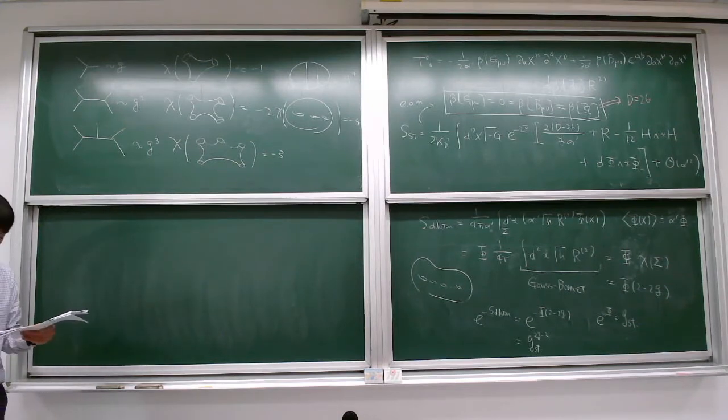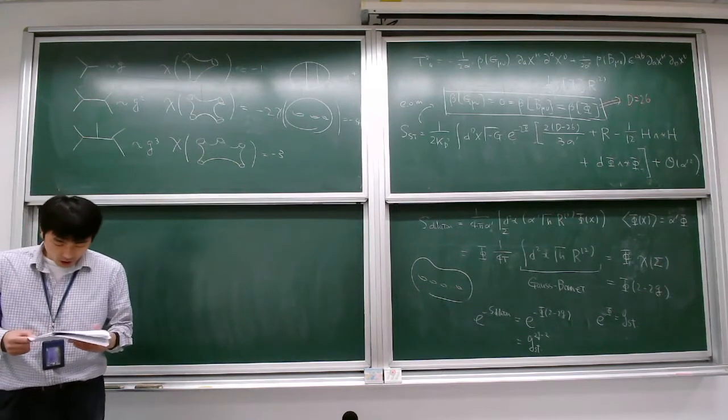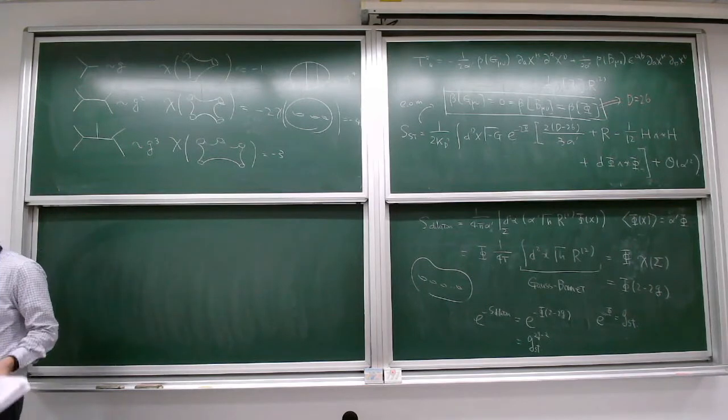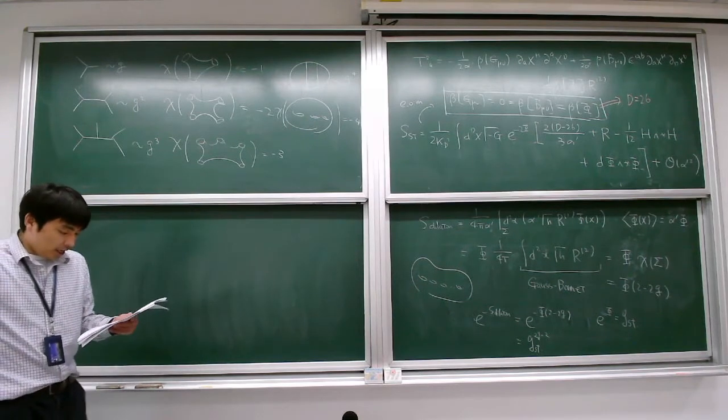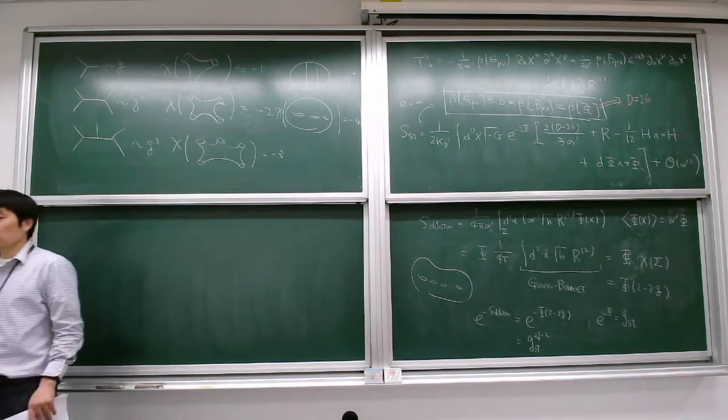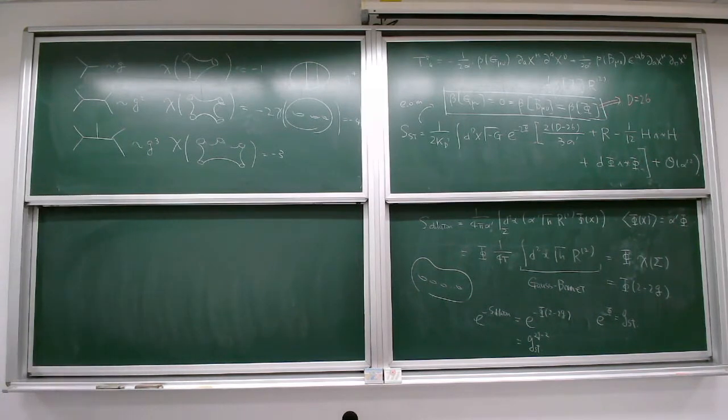As I mentioned many times, the action has diffeomorphism invariance and also Weyl symmetry, so if you do the path integral, you have to fix the gauge. To fix the gauge, we again use the Faddeev-Popov method and introduce the ghost field. And this ghost field will again give you another CFT.